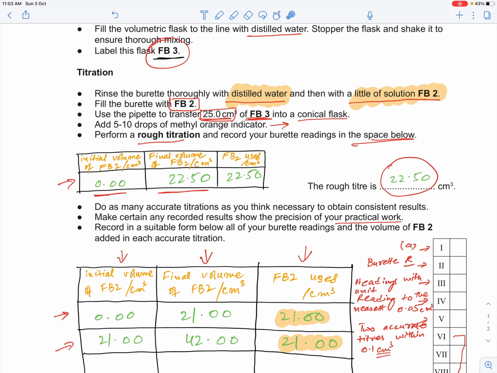Just remember that burette readings will always be written to 2 decimal places, nearest up to 0.05 cm cube, right? So you would get the fourth mark for that. And the fifth mark is for 2 accurate titers within 0.1 cm cube. My both titers are the same, so we get this fifth mark as well, right?